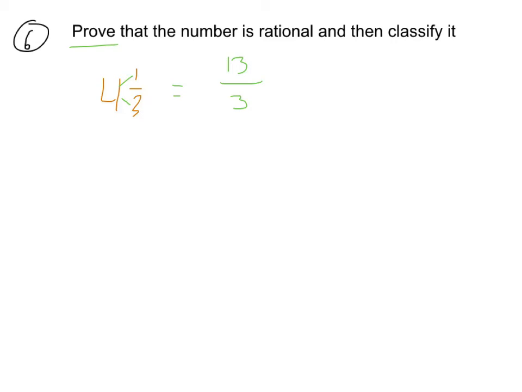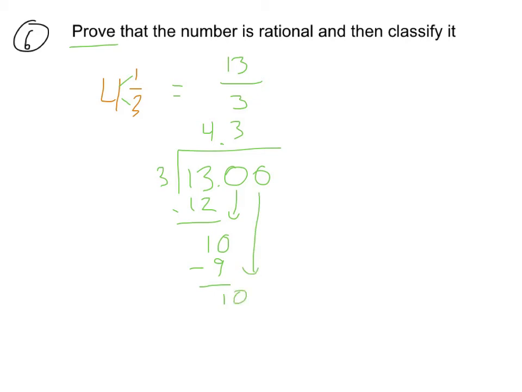Well, it's a fraction, so it's probably going to have a decimal. 13 divided by 3. 3 goes into 13 4 whole times, giving you 12. Subtract, that leaves you with 1. Decimal, decimal, 0. Bring down the 0. 3 goes into 10 3 times, so that gives you 9. Subtract and a 1. Bring down another 0. 3 goes into 10 3 times. Gives you a 9. Subtract and you get a 1.